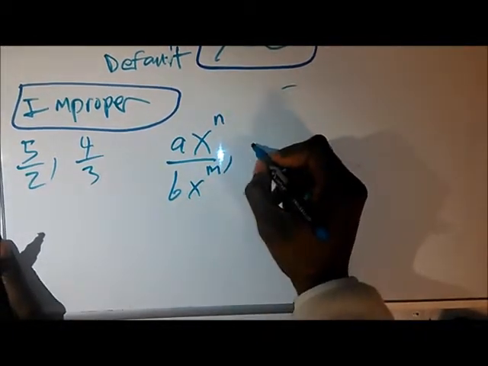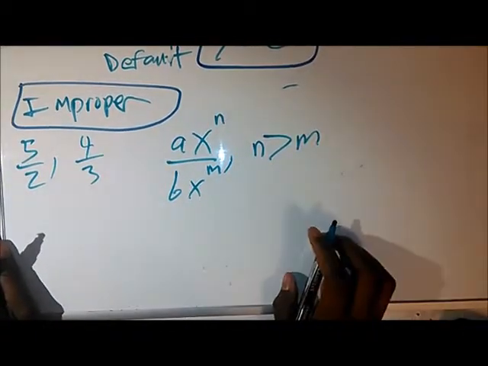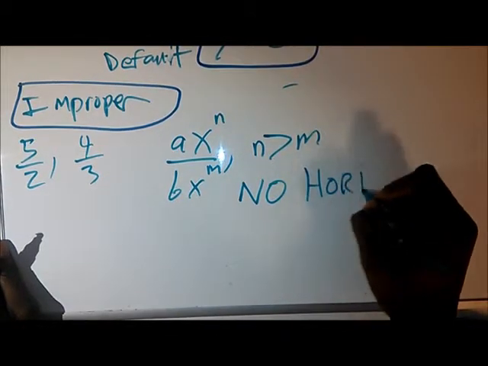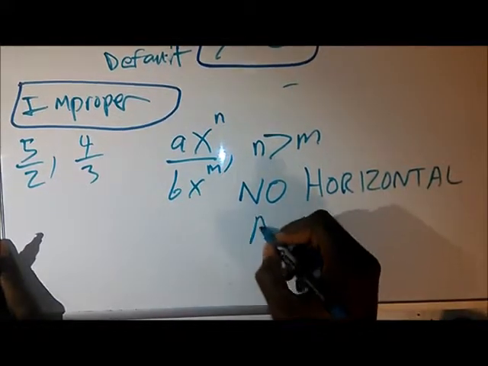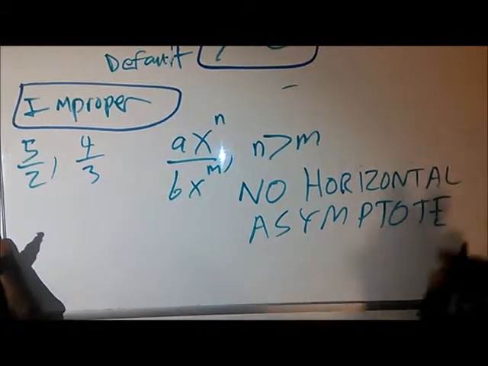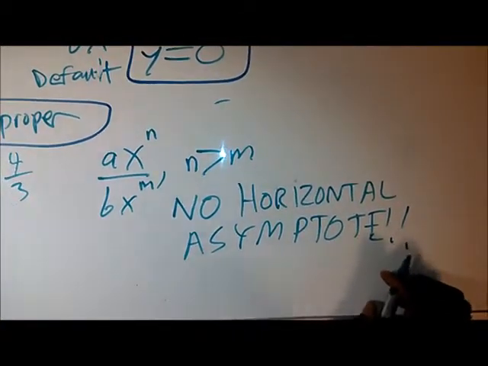And this time, n, the top power, is greater than the bottom power, right? Then we have no horizontal asymptote. No horizontal asymptote, babes. Okay?